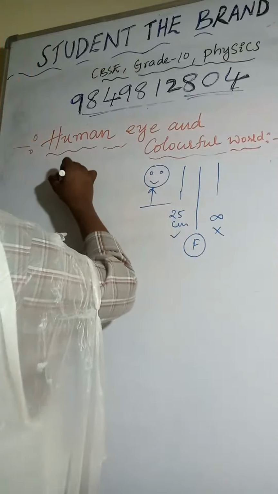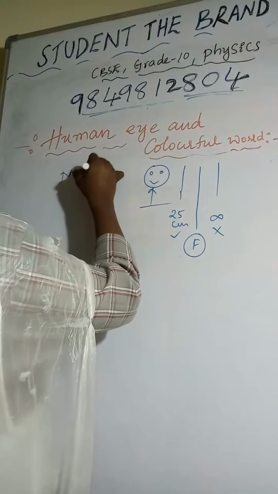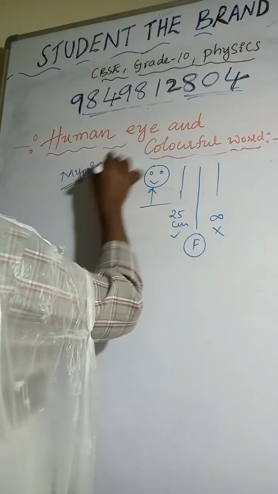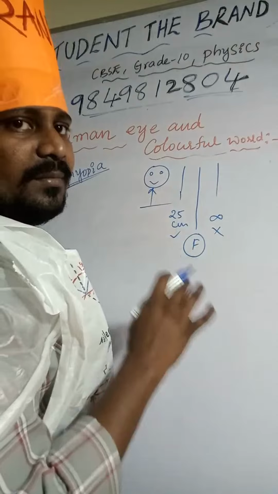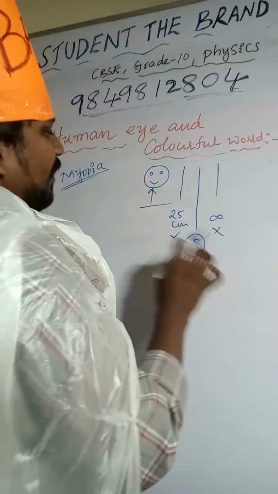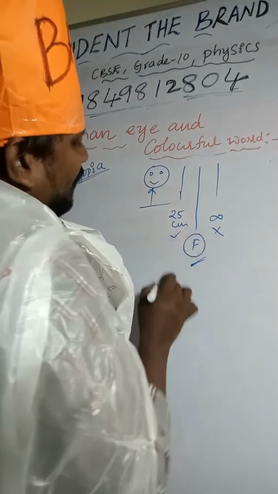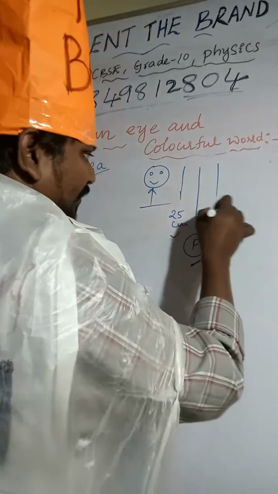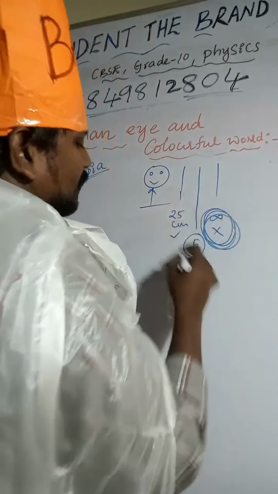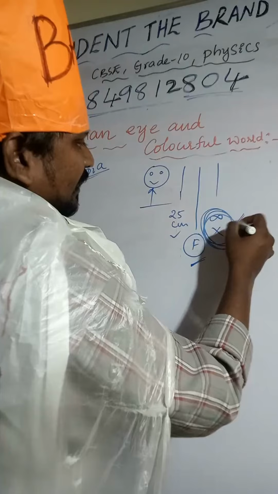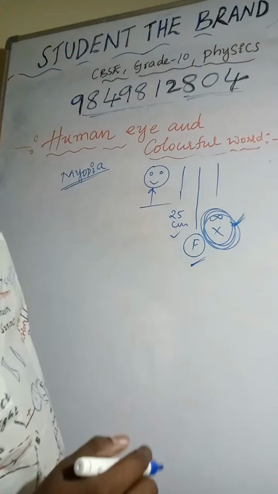So we are discussing myopia. He can see this point. To correct it, if you use a concave lens, we can see this point also. How to draw the diagram?